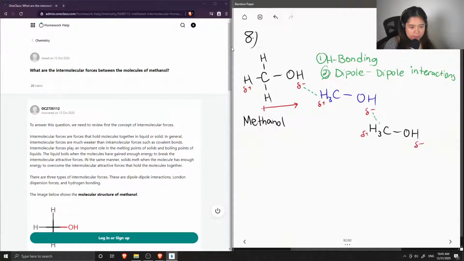And lastly, another intermolecular force that can take place is called London dispersion forces.